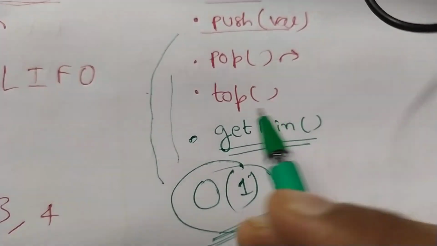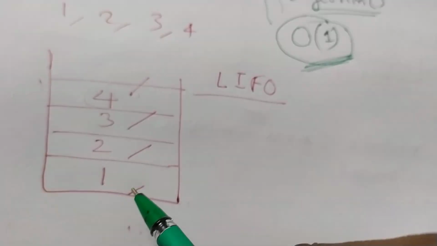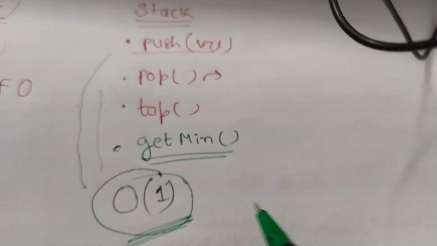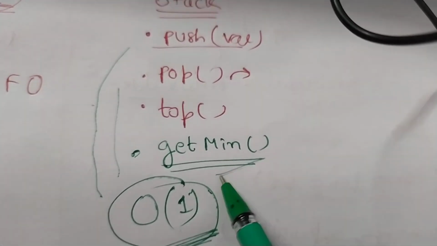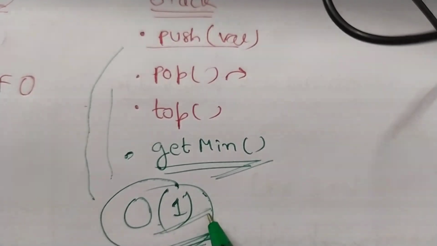We are not asked to use loops or to pop out all the elements to find the minimum element and then push all the elements back. That's not the approach we are asked for. We are asked to implement this getMin function along with the other functions in constant time.